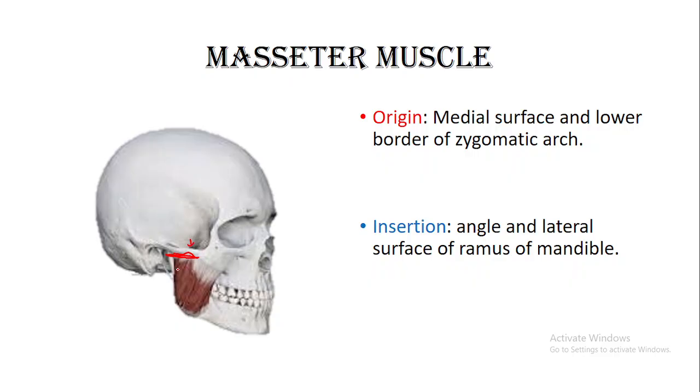And then the fibers run downward and backward, and they get inserted into the lateral surface of ramus of the mandible and angle of the mandible. So the origin of masseter muscle is from the lower border of zygomatic arch and the medial surface of zygomatic arch, and the insertion is at the angle of the mandible and the lateral surface of ramus of the mandible.